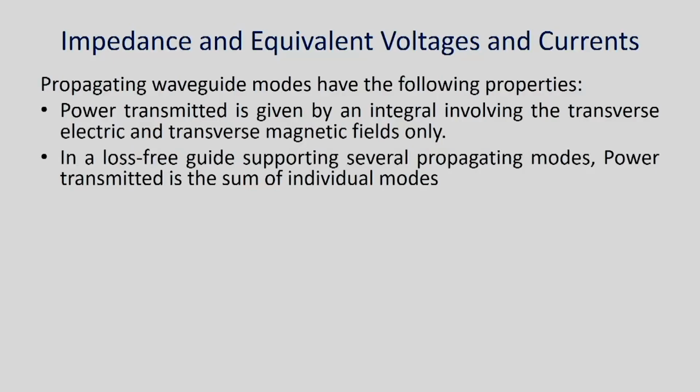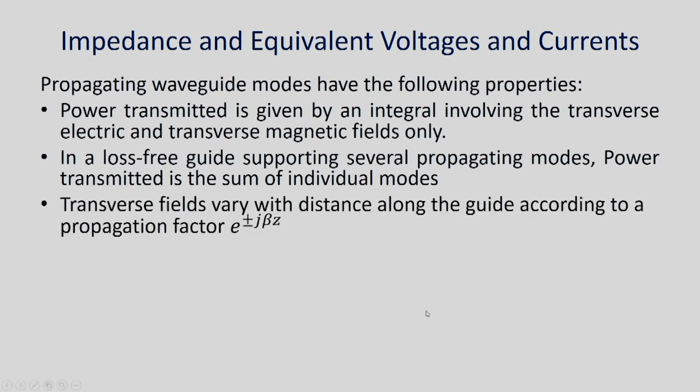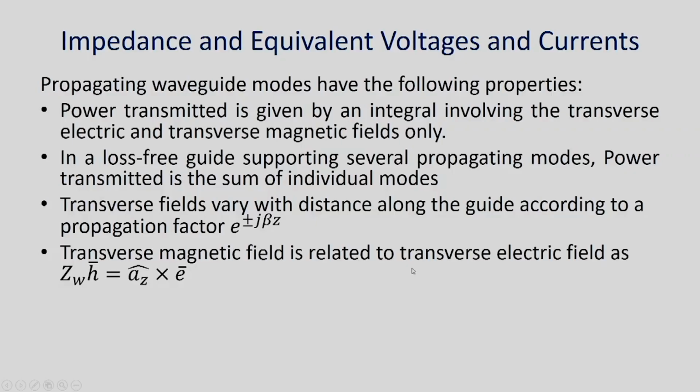In a loss free waveguide supporting several propagating modes, power transmitted is the sum of individual modes. Then the transverse fields vary with distance along the guide according to a propagation factor e to the power plus minus j beta z, and the transverse magnetic field is related to the transverse electric field as H equals 1 by ZW, where ZW is the waveguide impedance, az cross E bar.